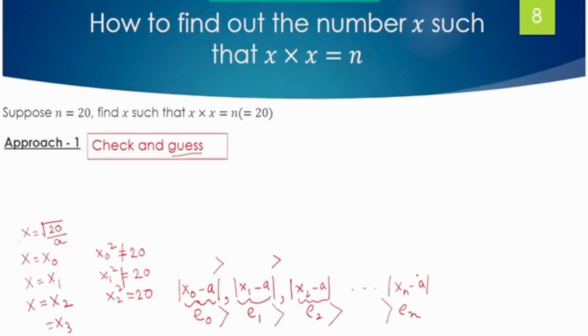So therefore when n tends to infinity, we can say that xn minus a will be equal to 0, right? The moment that happens, we can write that xn equals a. That means we will receive our actual answer in the nth iteration. Now n may be very large.